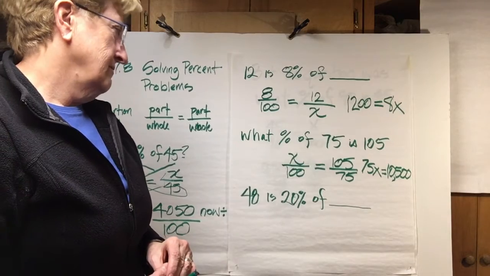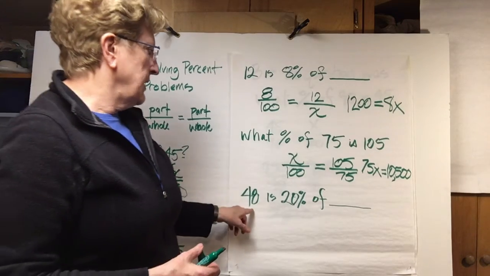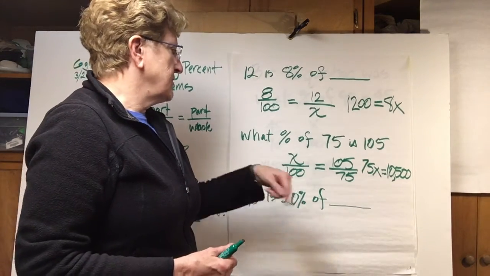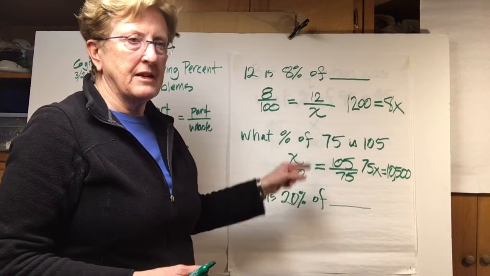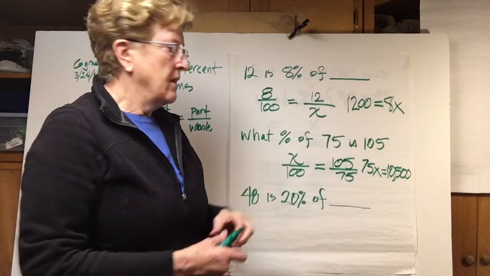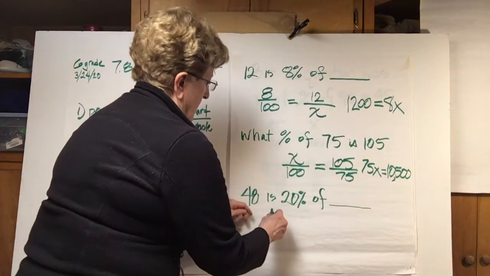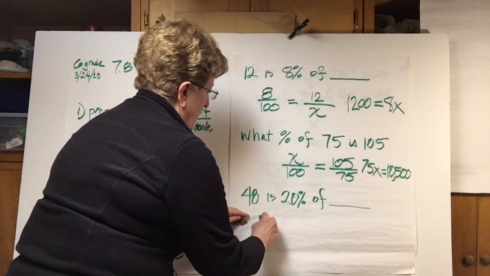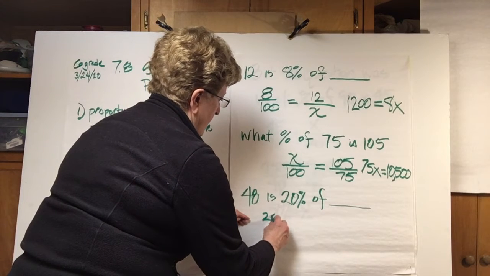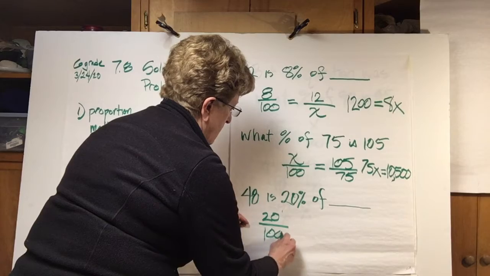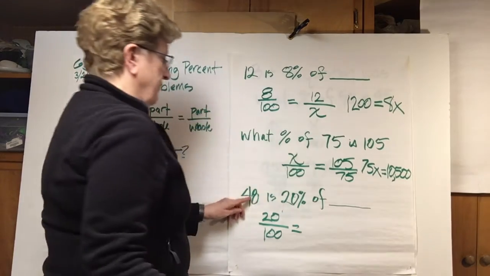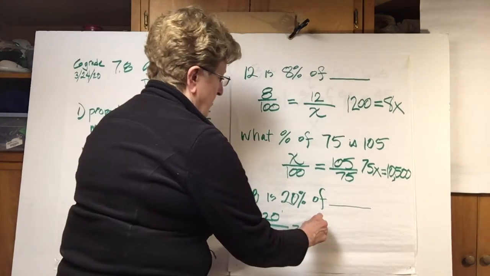So one more. 48 is 20% of some unknown number, but it's just 20%. How will I set this up? I'm going to say that it's 20 over 100, and it's telling me that 48 is 20%, so I'm going to put 48 here.